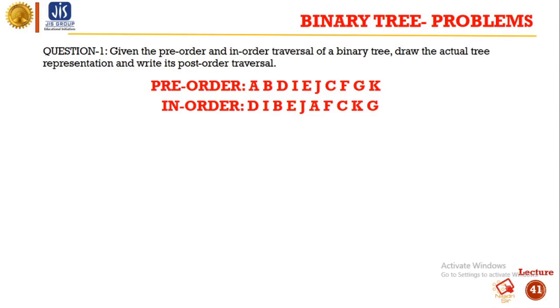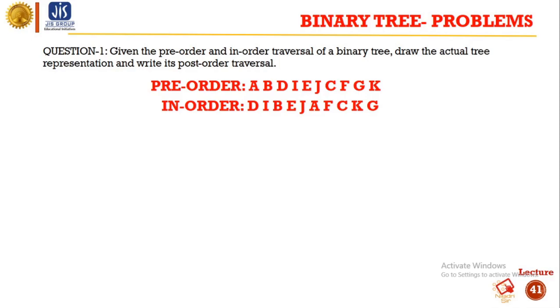As you know, in a binary tree basically we have three things: left, root and right. In case of pre-order traversal the sequence is root, then left, and after that right, and in case of in-order the sequence of traversal is left, root and right.